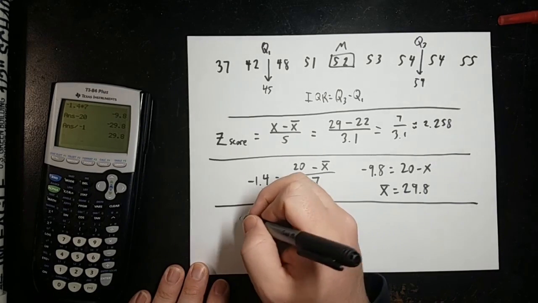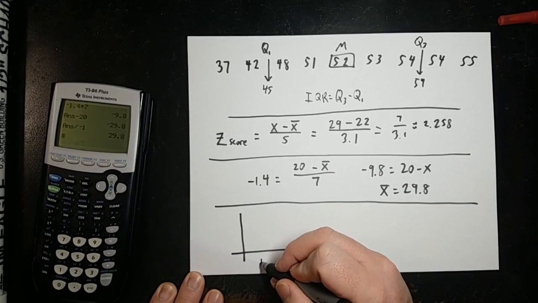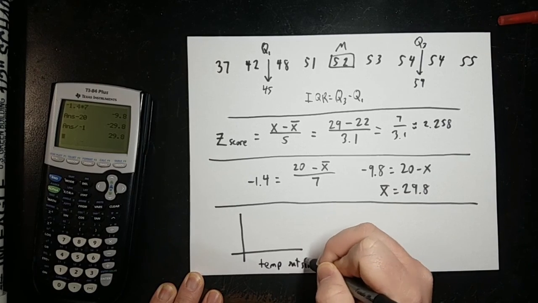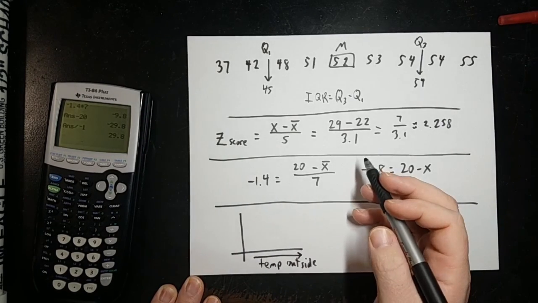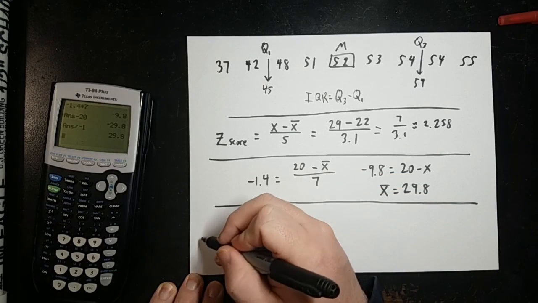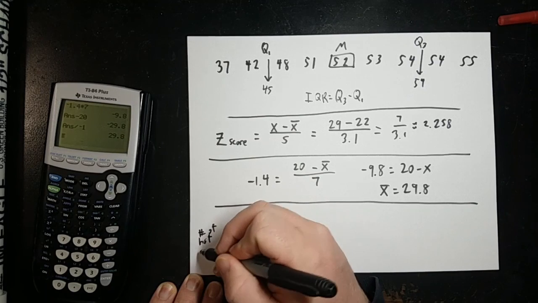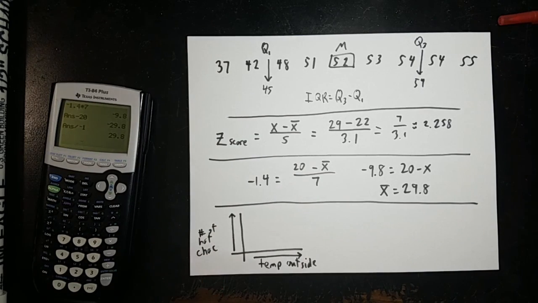They want to know the temperature outside. So this would be the temperature going up. It would get hotter and hotter and hotter. And this would be the number of hot chocolates sold, going up and up.